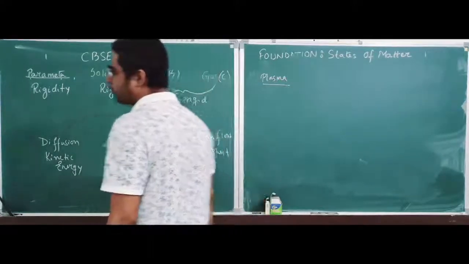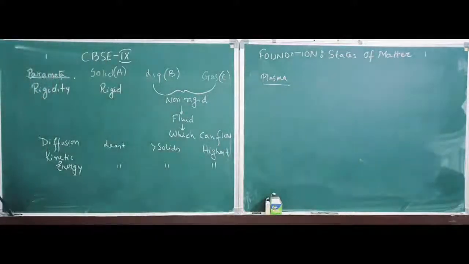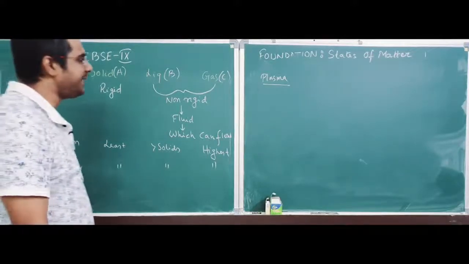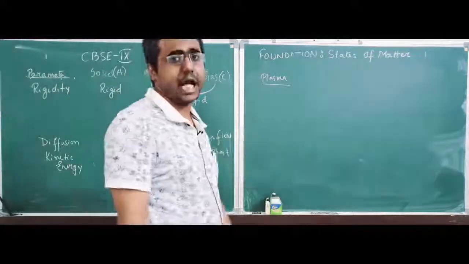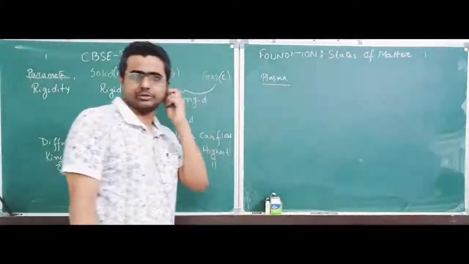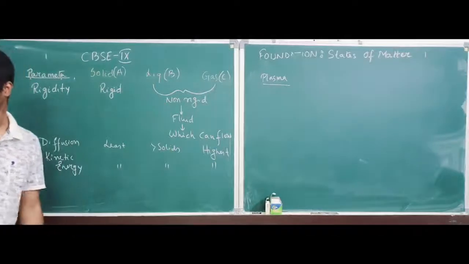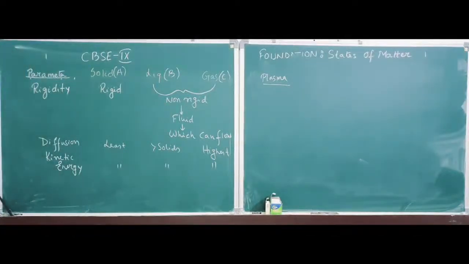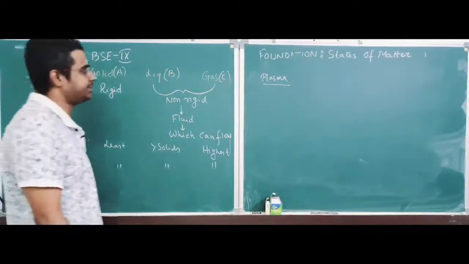This is called the fourth state of matter. You can write down, this is a mixture of free electrons and ions. Examples: neon lights, fluorescent tube.